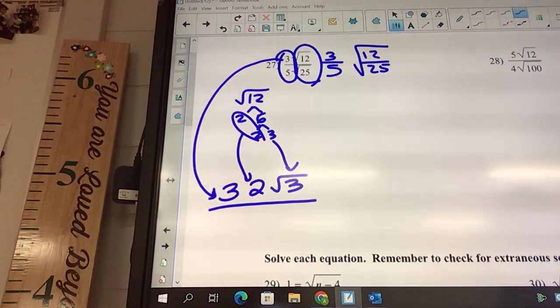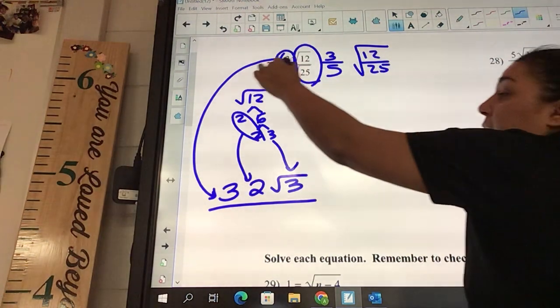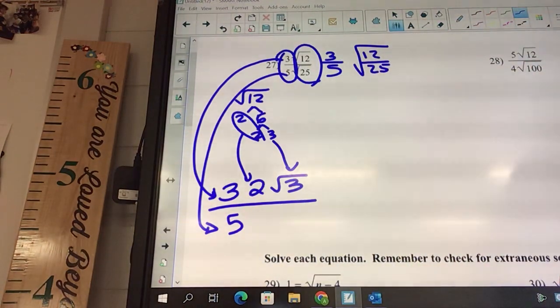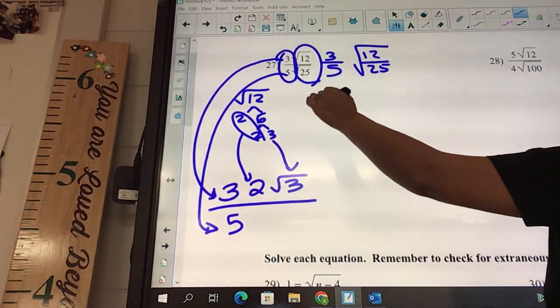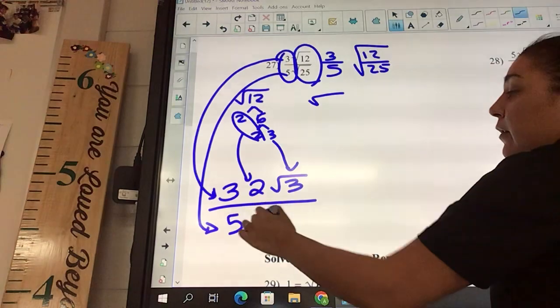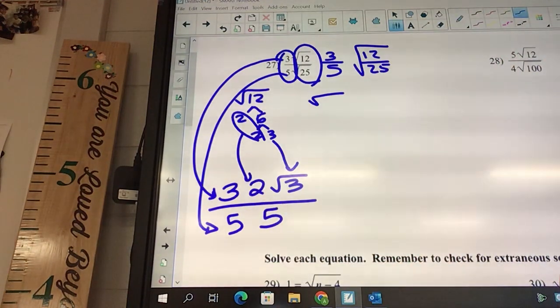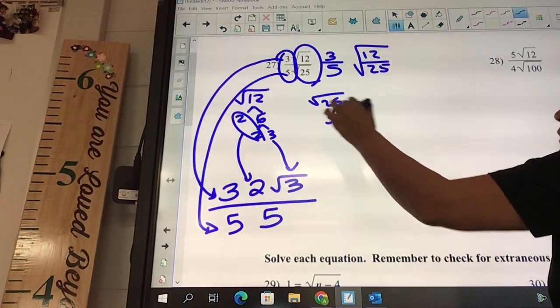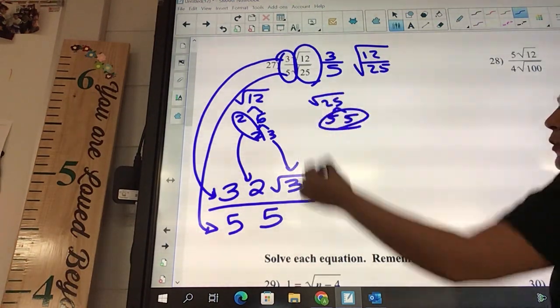Then we have this 5 that they gave us. What does 25 simplify to? Just 5, and there's nothing left underneath that radical. If you don't know, do the longer method, and it's going to give you 5 and 5, and you circle them and put them on the outside.